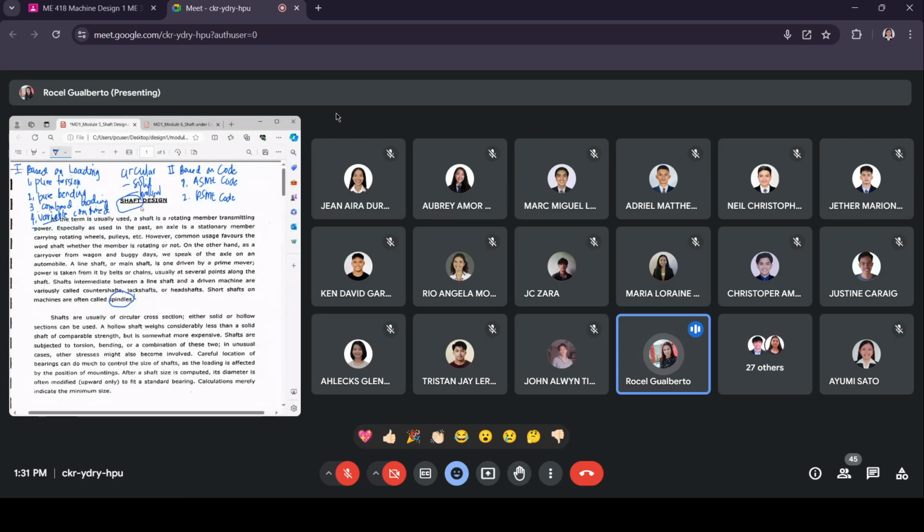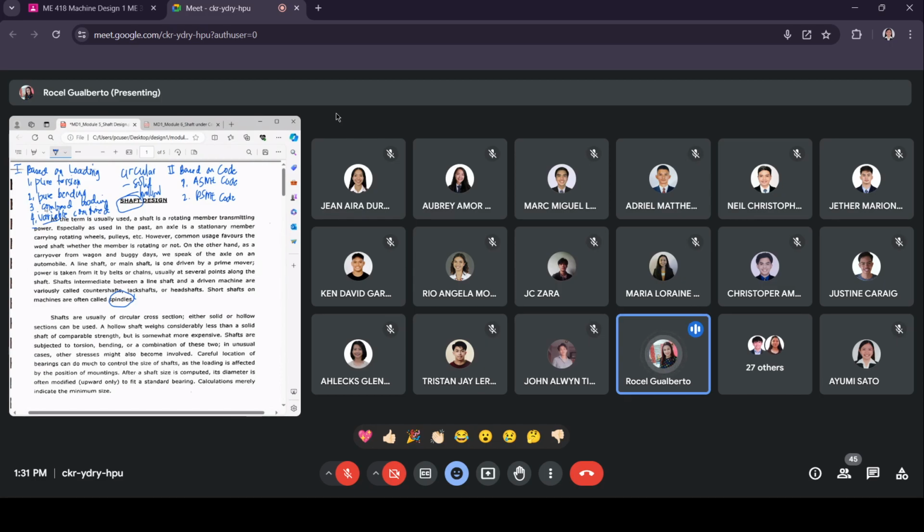How do we compare the two bases, okay? If you compare the two bases, based on code would be easier. Why? It is because it has a detailed procedure which you will simply follow or adhere to. That makes it easier to use than that of based on loading, okay?